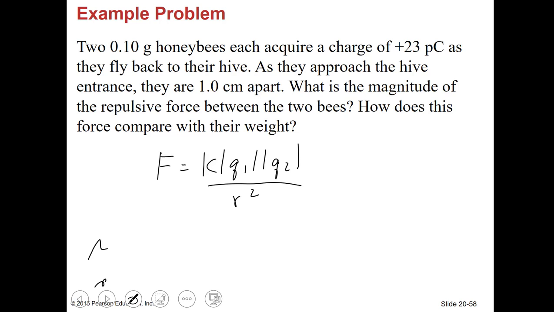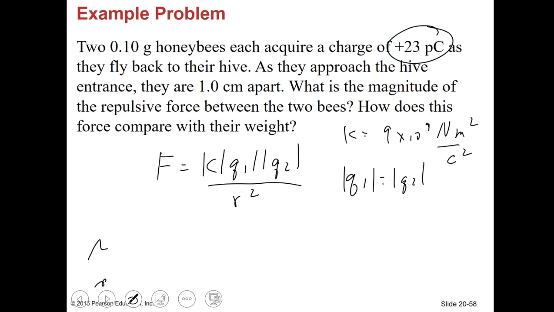Remember, K is just a constant, 9 times 10 to the 9th newton meters squared over coulomb squared. And we know the charges, both equal to each other, and it's given in the problem. I'm not going to rewrite it. Just remember that's 23 times 10 to the minus 12th.